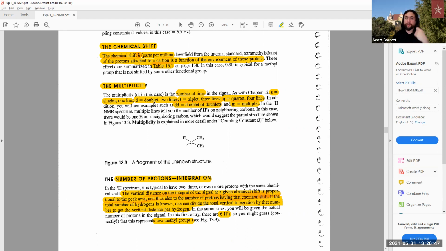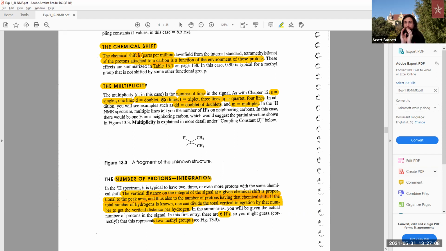Doublet, two lines, that means there is at least one adjacent hydrogen next to it, one neighboring partner, okay? Triplet, 3 lines, that means you have at least 2 partners next to it. So it's always your basis plus whatever is next to it, right? So singlet, there's no adjacent protons, it's just that.